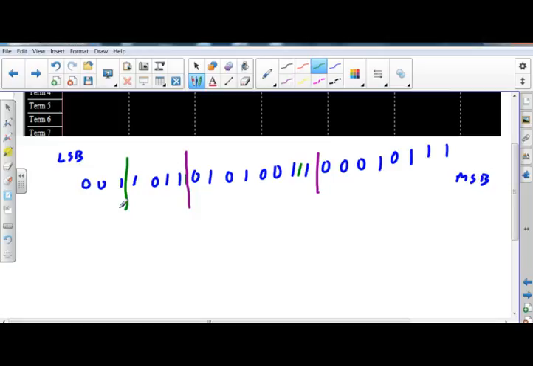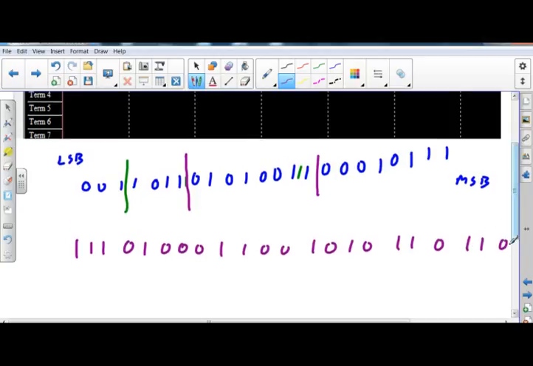Because most significant bit is transmitted first. Least significant. I still have too many though. Okay, well, we're going to reverse it anyway. 1, 1, 1, 0, 1, 0, 0, 0, 1, 1, 0, 0, 1, 0, 1, 0, 1, 1, 0, 1, 1, 0, 0. Oh, I ran out of room.